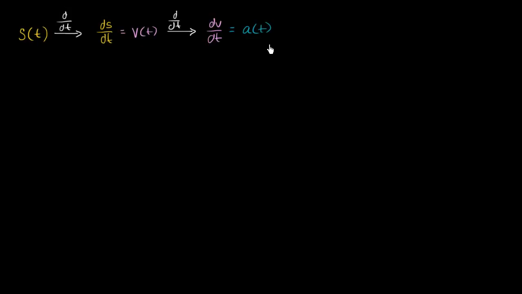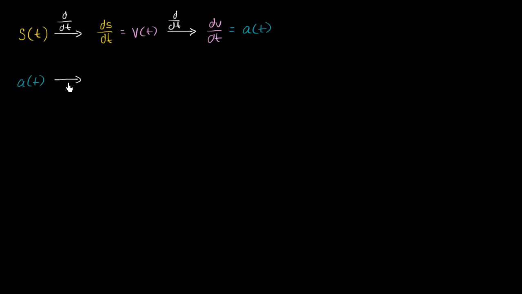Well, you could go the other way around. If you started with acceleration, and you were to take the antiderivative of it, actually, let me just write it this way.